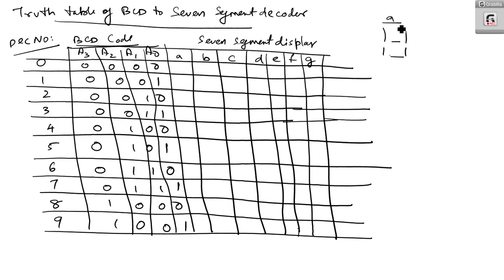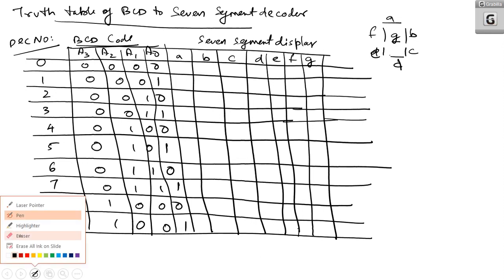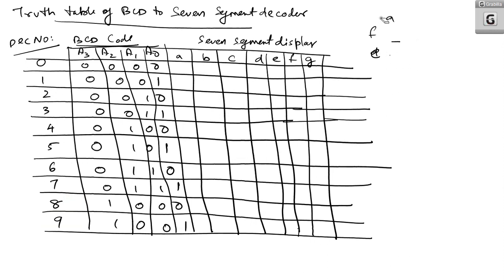This is A, B, C, D, E, F and G. And if you want to display 0, which segments should be on? One second. Let me redraw it once more. This is the basic 7-segment display.